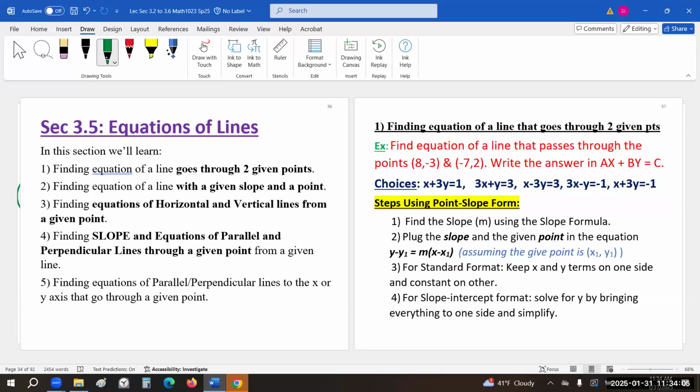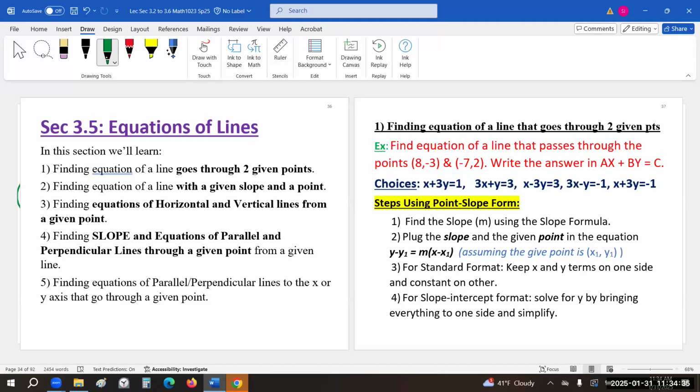If you observe all the multiple choices, they are in which format? Point slope format, slope-intercept format, or standard format? Standard format. So once we plug in here, we cannot stop. We have to rearrange everything to convert them into standard format.